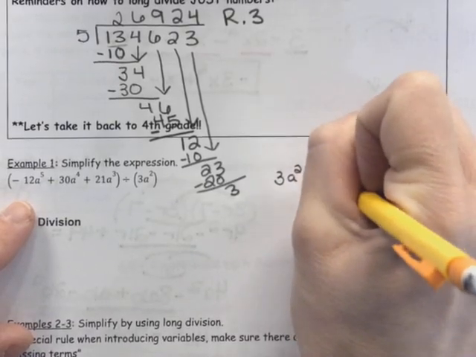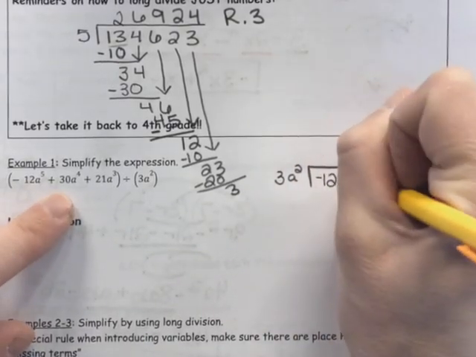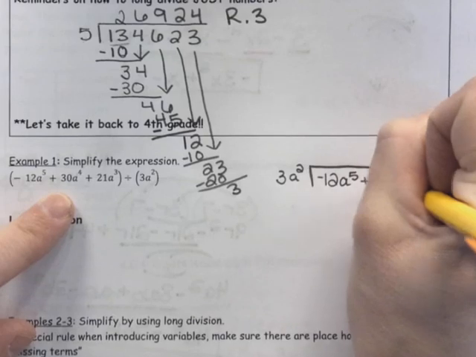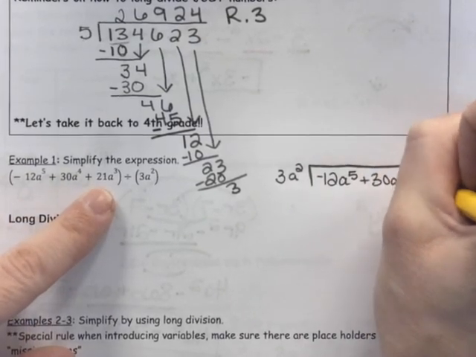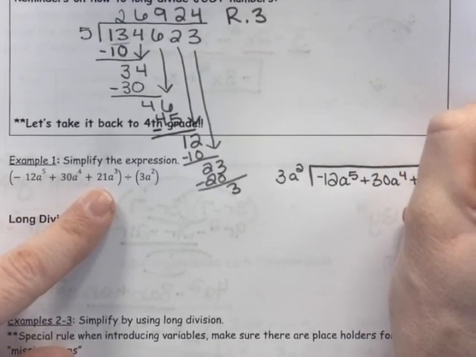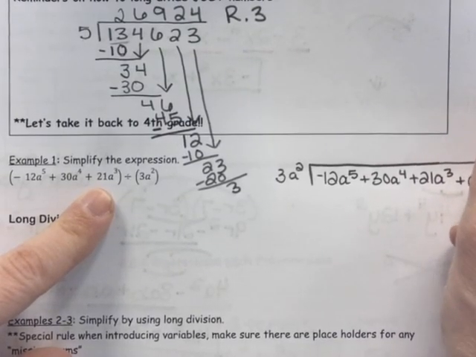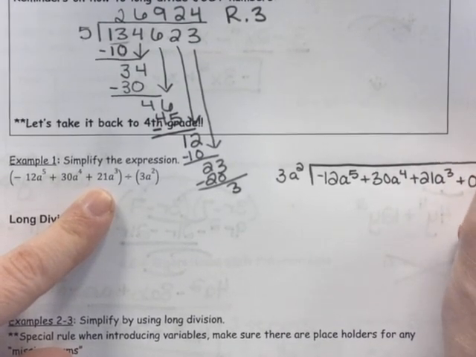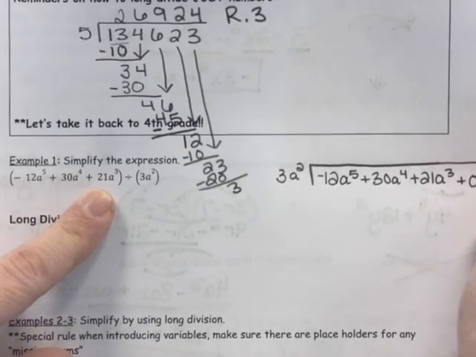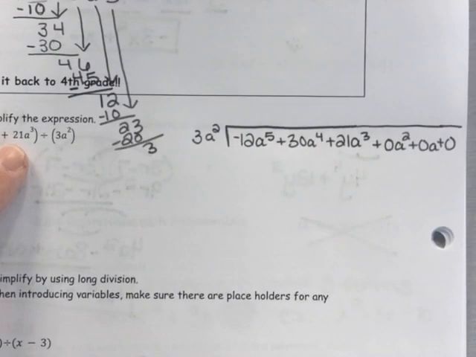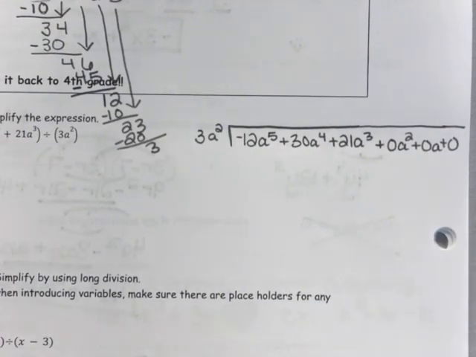So, do you agree that I only have a to the 5th, and a to the 4th, and a to the 3rd? Okay. So if you are missing any terms, you have to fill them in. So I have 0a squareds, I have 0a, and then I have 0. So we might not get to a point where we have to factor this in too much.